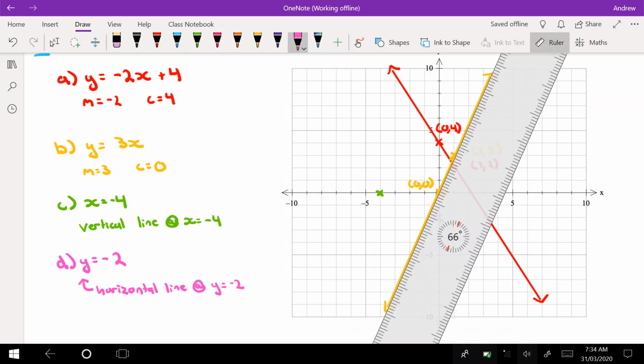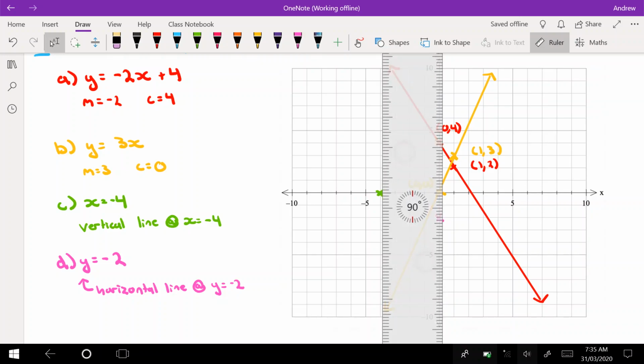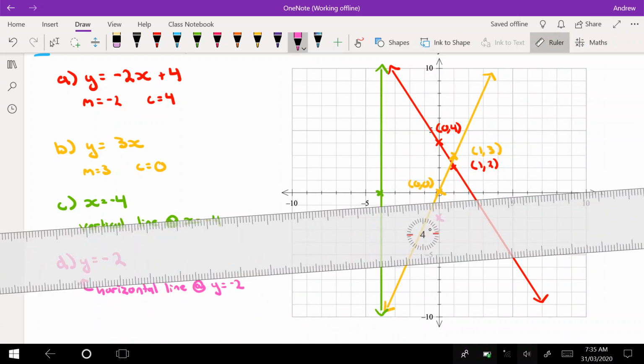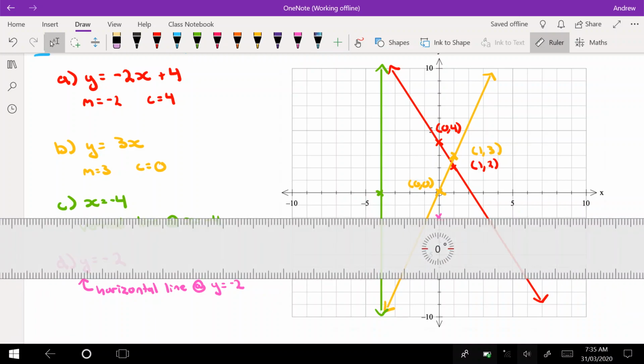So let's just draw them in now. Completely vertical line right there, just all the way down. And then we're going to have a horizontal line at y equals -2.